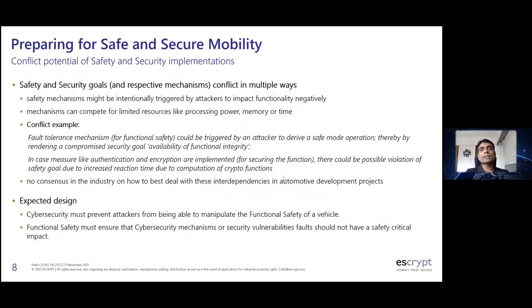A good conflict example would be a safety protection like fault tolerance implemented in an ECU, which could be triggered by an attacker so that the ECU goes into a safe mode of operation, impacting other functionalities that may not function the way they should. So this renders a compromise in the availability aspect of functional integrity. That's a clear breach that has led to a violation of functional safety.